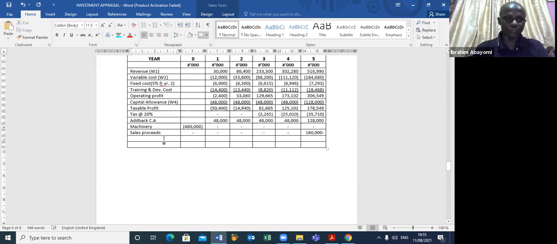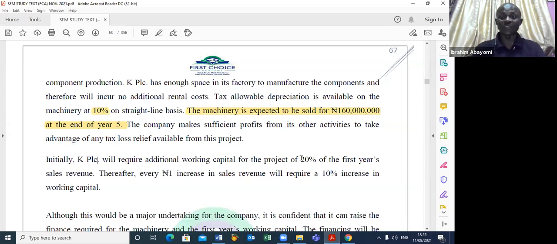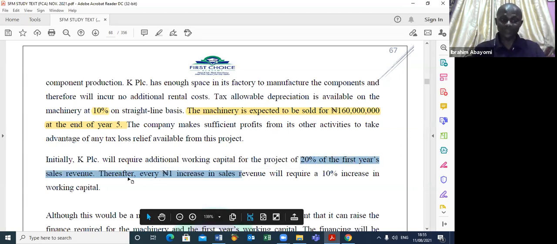The next one you need to sort is working capital. And what information do we have with respect to working capital? Let's go and see. Initially, KPSC will require working capital for the project of 20% of the first year sales. Can you see that?